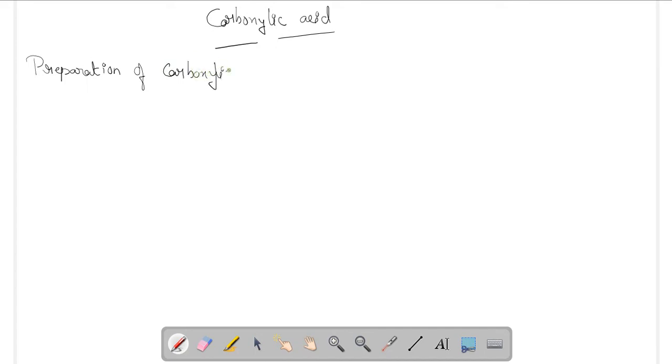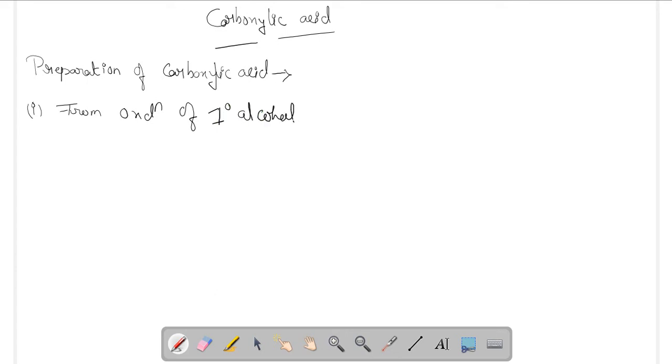In the preparation of carboxylic acids, we are going to start with the first method, that is the preparation of carboxylic acid from oxidation of primary alcohols.